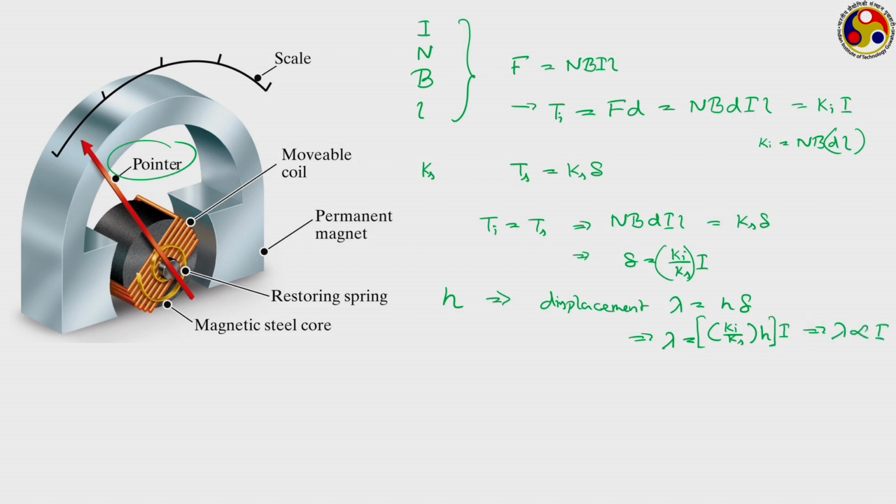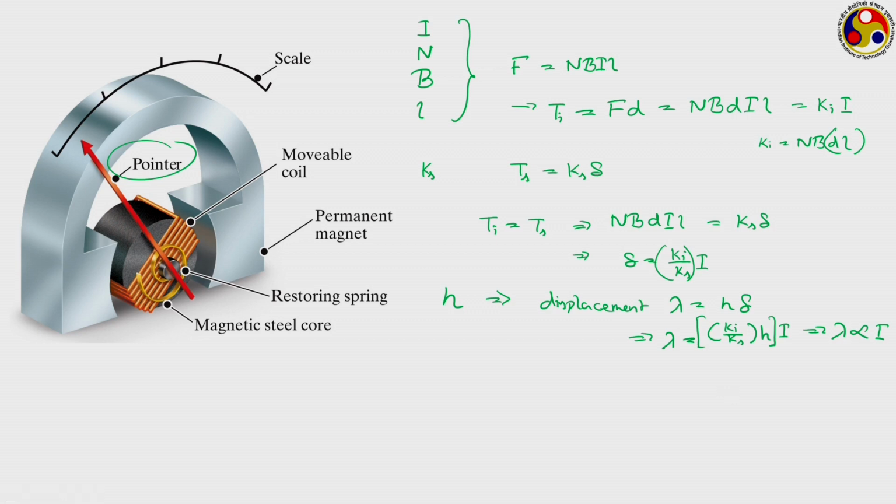That is what I mentioned, it is a current meter, because the deflection of the pointer is directly proportional to the current, and generally this constant is specified by the manufacturer, because everything else is known a priori, and accordingly just from the knowledge of the pointer movement we can get a measure of the current.